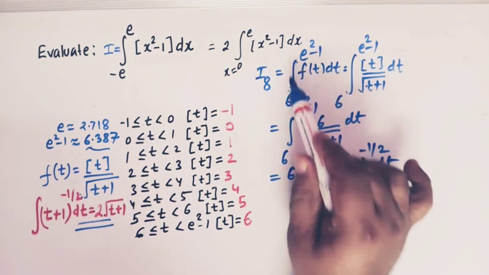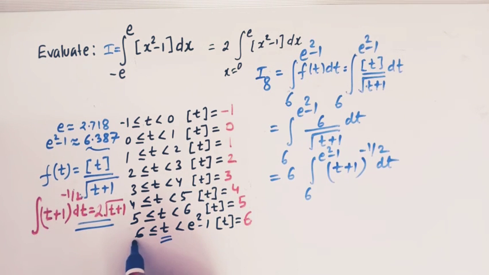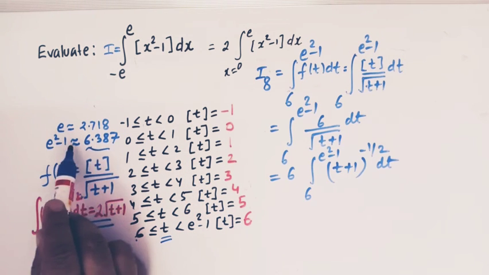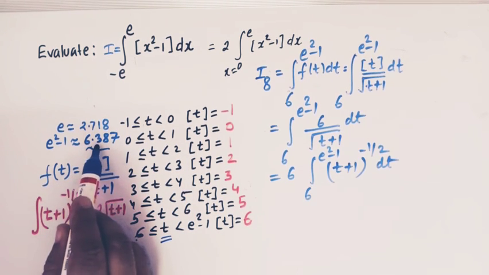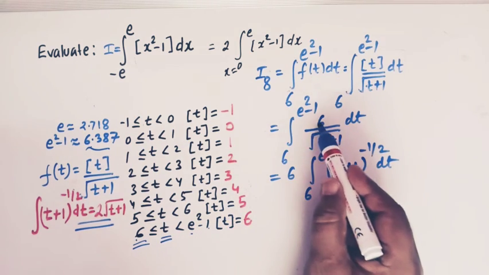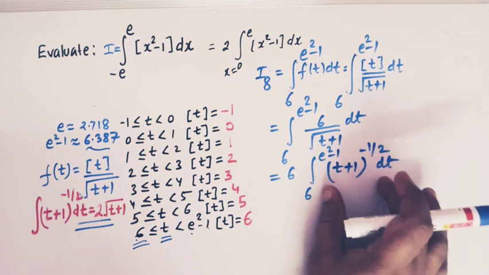So I8 is from 6 to e square minus 1, and here we see that when t lies between 6 and e square minus 1, where e square minus 1 is approximately equal to 6.387, the greatest integer t is equal to 6 here, and taking 6 outside, we'll have this integral.